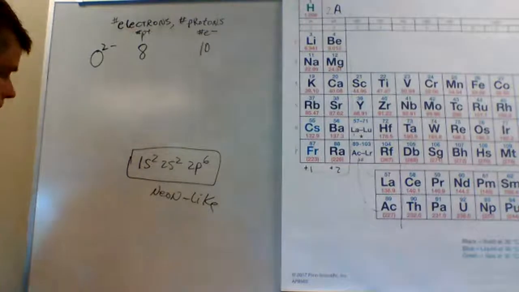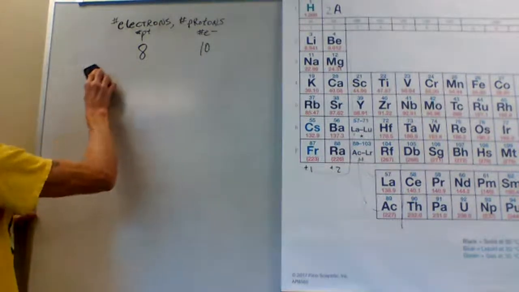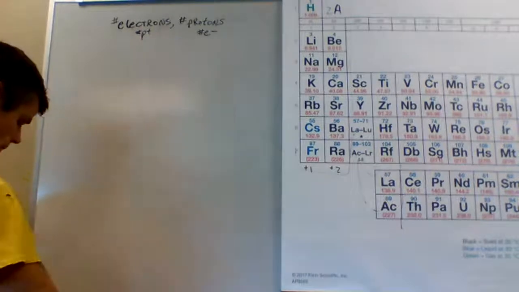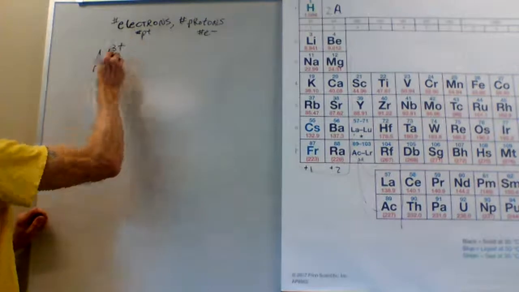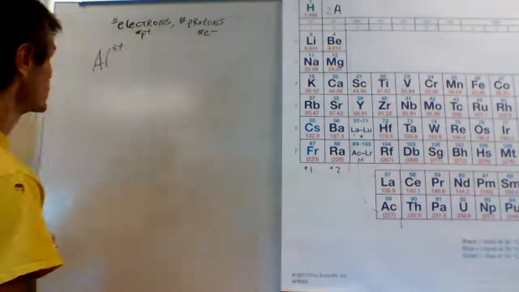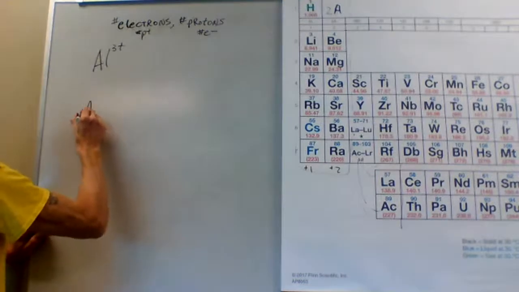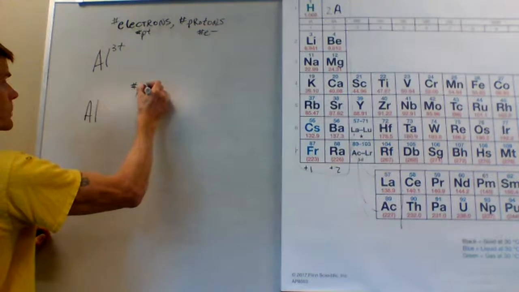Let's try one more. The aluminum 3 positive cation. Now, the aluminum 3 positive cation is formed from the neutral aluminum atom.